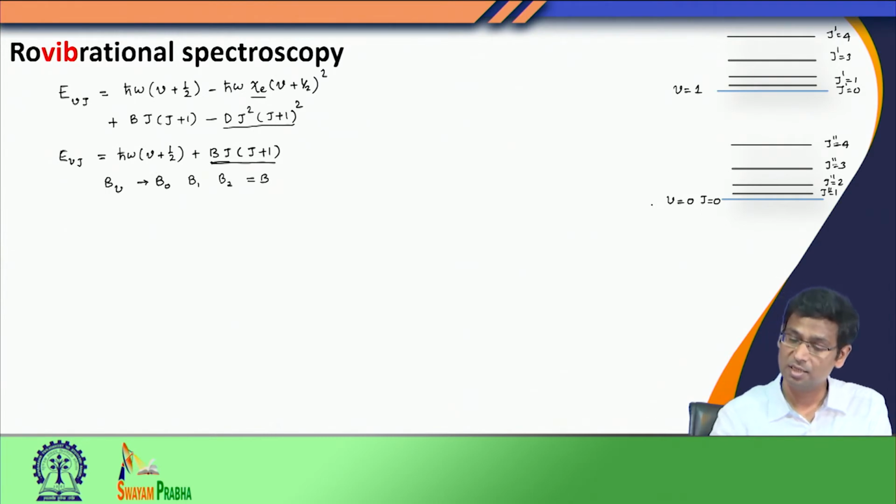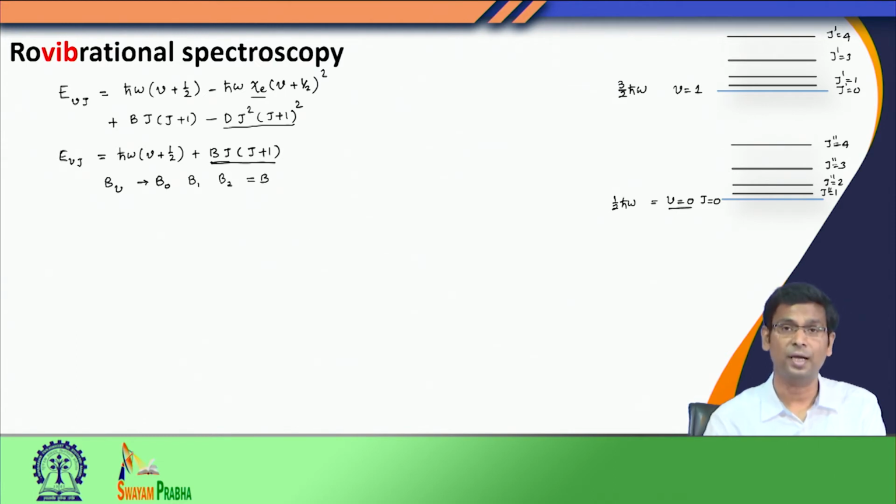What are their energies? When V equals 0, J equals 0, of course, the energy is purely coming from the vibrational energy, which is h bar omega into (V plus half), which is nothing but half h bar omega, and for V equals 1, the ground energy will be 3 half h bar omega. Now, of course, J equals 0 does not contribute anything to energy.